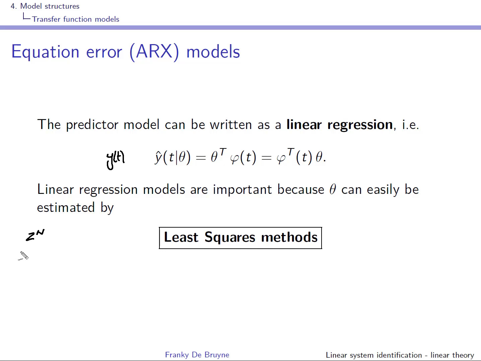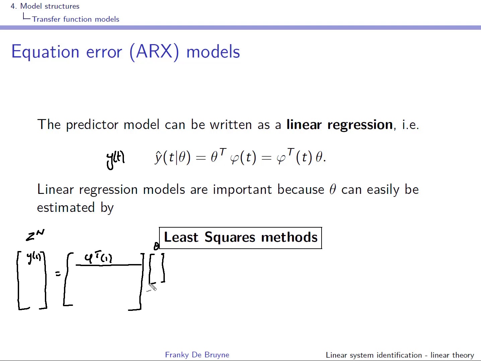So y of 1 can be written as, we'll take the expression over here, but we have to evaluate it at 1: phi transpose of 1, which is a row vector, and then we have to multiply by theta, which is a column vector.